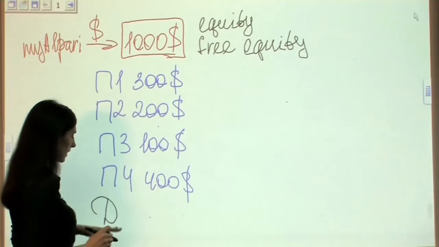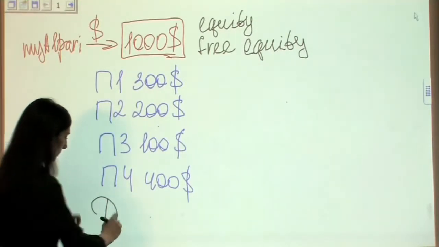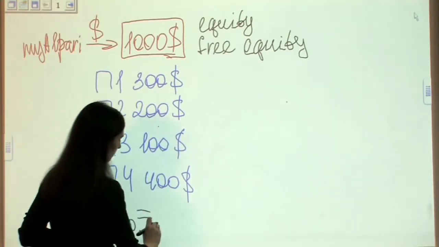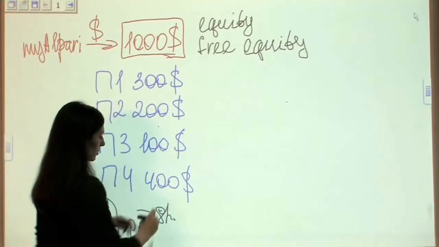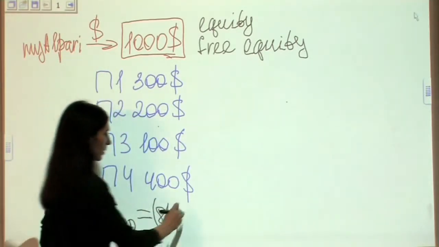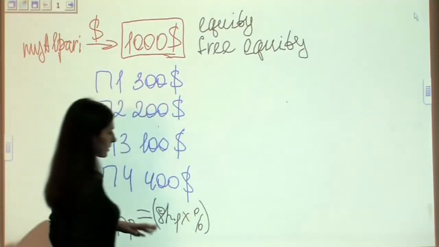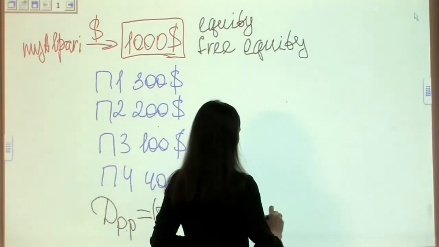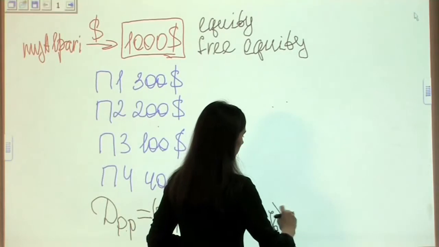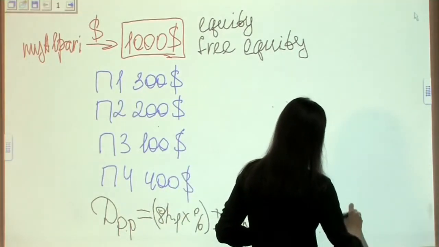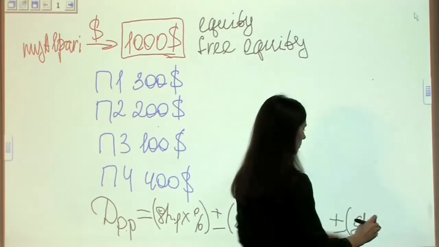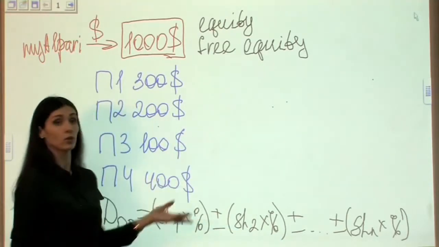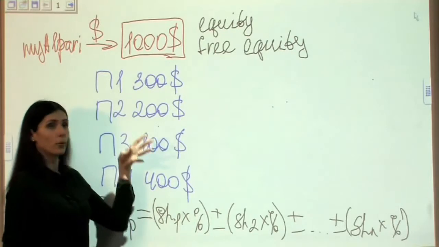Okay, return to date, let's express it through this sign D. Return to date for the PAMM portfolio is equal to the share of the first PAMM account inside the PAMM portfolio multiplied by percent, plus or minus the share of the second PAMM account inside the PAMM portfolio multiplied by percent, plus or minus the share of the n-th PAMM account multiplied by percent, because I don't know how many PAMM accounts you will include inside your PAMM portfolio. We have only 4 PAMM accounts inside the structure.